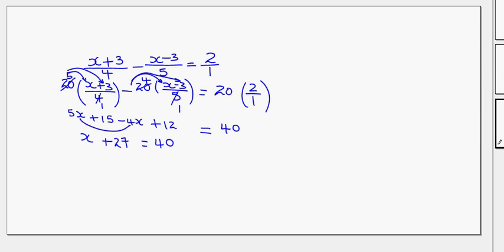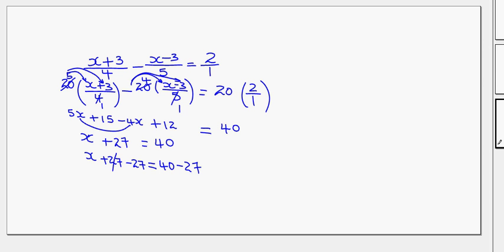So now all we have to do is to remove the plus 27 on the left-hand side to get x by itself. What's the opposite of plus 27? Minus 27. So all we're going to do is minus 27 here on the left-hand side. But because it's an equation, we have to do the exact same thing on the other side. So we're also going to minus 27.